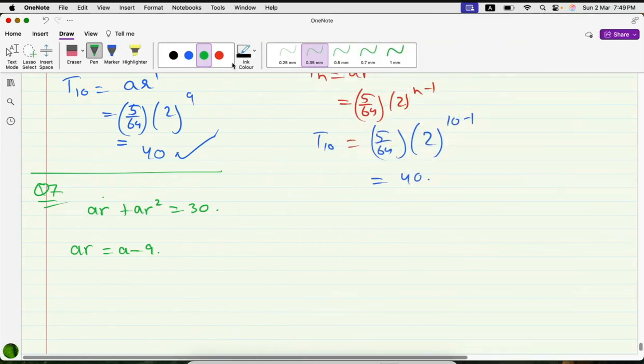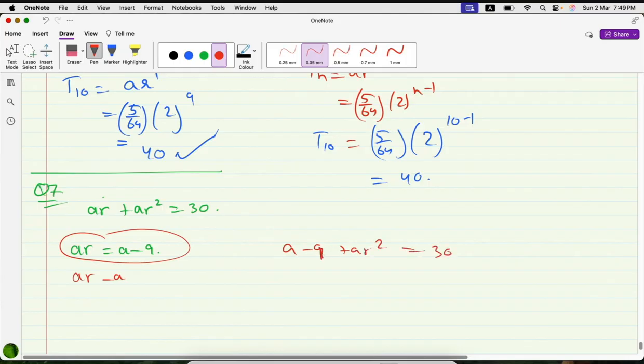So we can try to plug this minus 9 into the first equation. Yeah, we can do that. But if I just replace this in the first one, A minus 9 plus AR square is equal to 30.